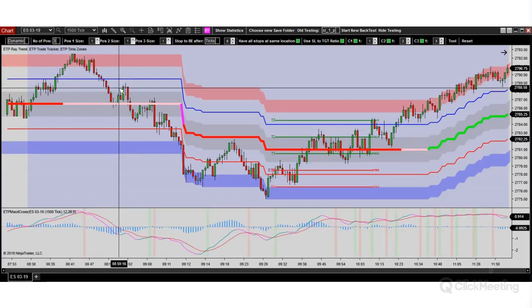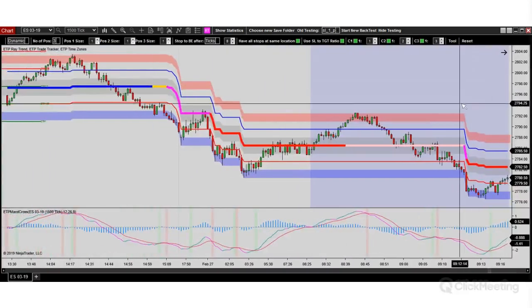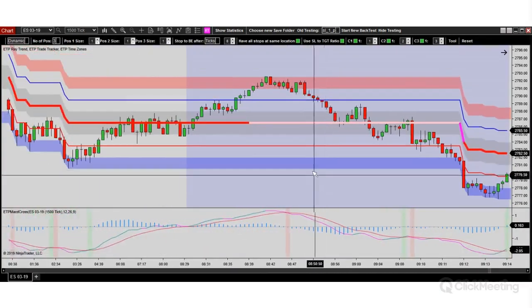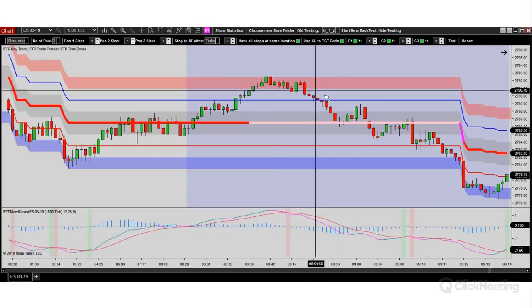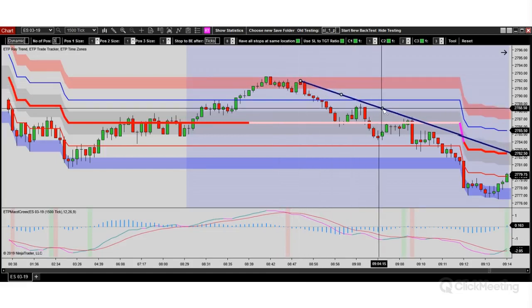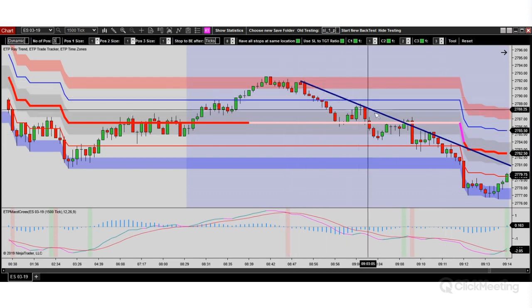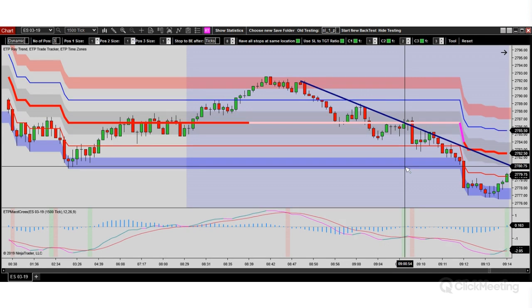Then what we need to do is draw a ray line from the tops and try to connect as many highs and bodies of the candles as possible, right?